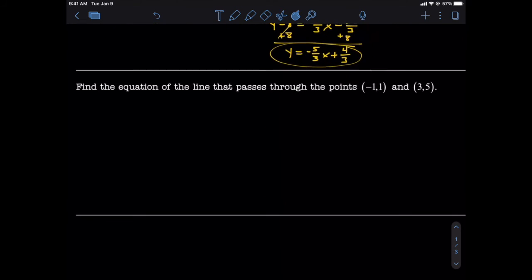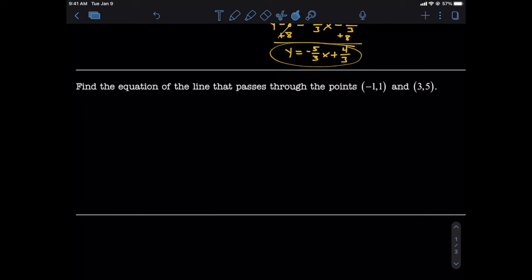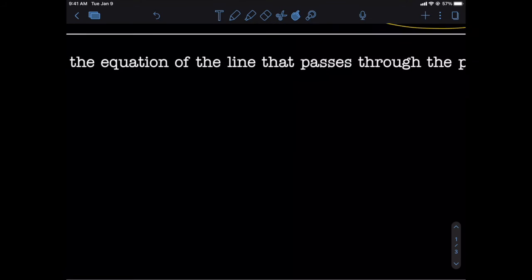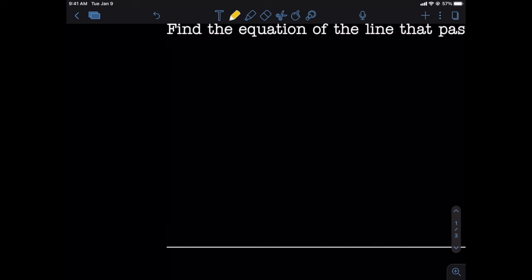We want the equation of the line through (-1, 1) and (3, 5). My smaller x this time is negative 1, so I'm going to go ahead and call that my x1, which means that positive 1 is my y1, and then the other coordinates are going to be x2, y2. You go on and take these bad boys and plug them into the slope formula. This is going to give us m is equal to, my y2 value, of course, was positive 5, and then in parentheses, my y1 was 1.